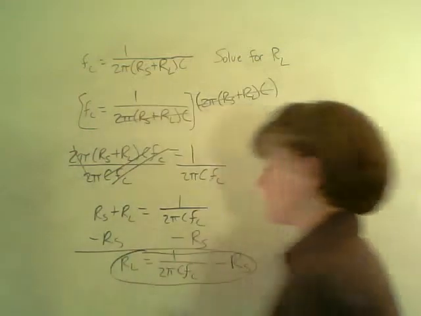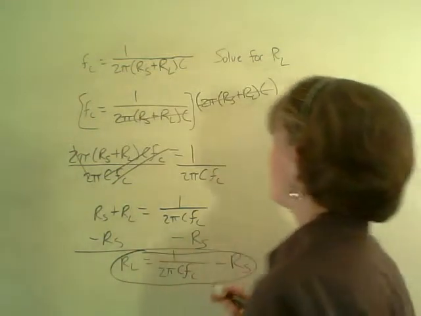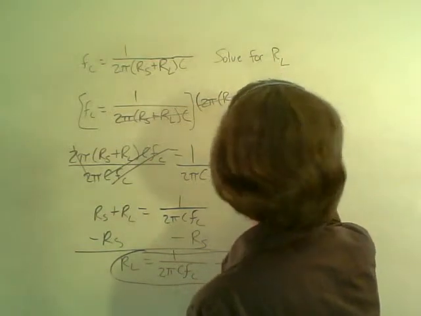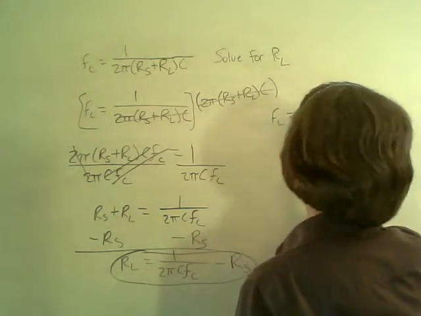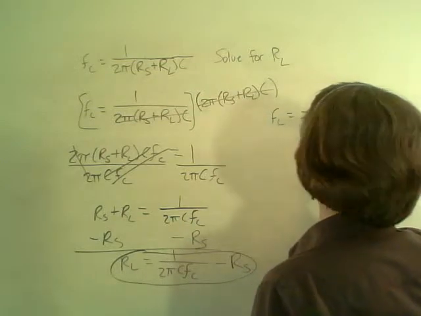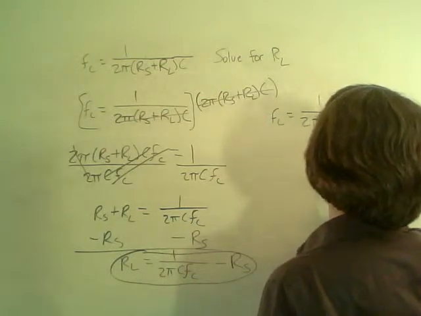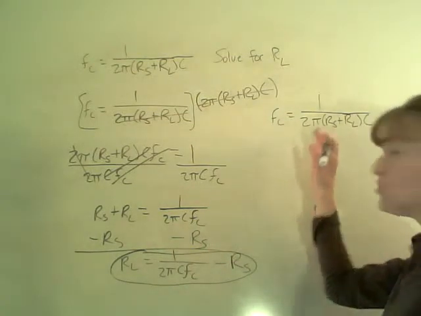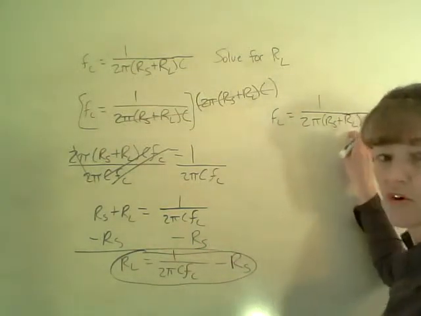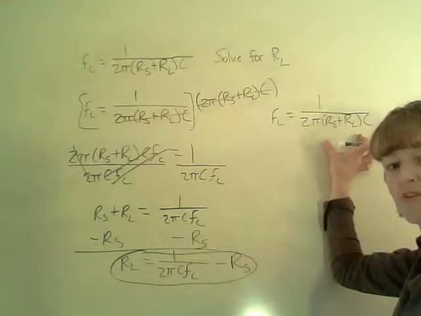Well, let's do this another way. Same problem, but this time, let's write the equation again. FC equals 1 over 2 pi RS plus RL times C. This time, I'm only going to move the RS plus the RL, the two terms in parentheses.